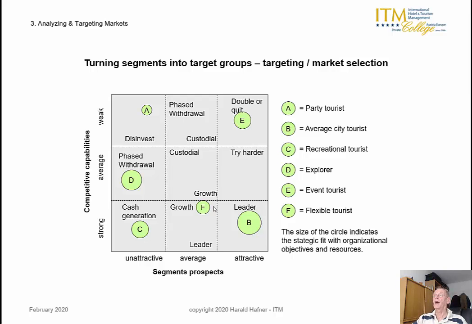Then we have try harder, which is this field here. Through judicious application of resources, businesses in this cell can be moved towards the leadership cell, which is down here. It may be desirable for the firm to make available resources to these businesses in excess of what they can internally generate.